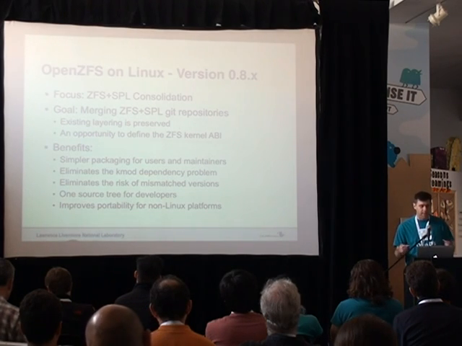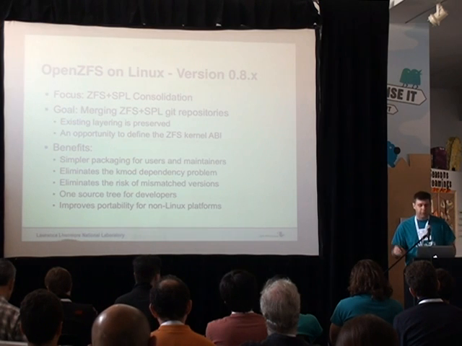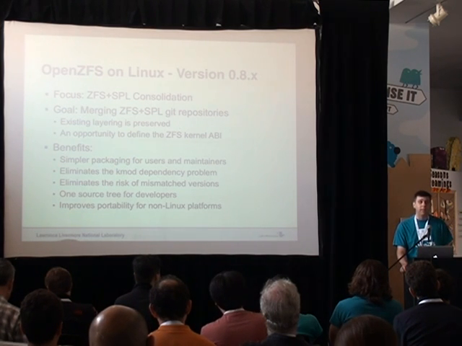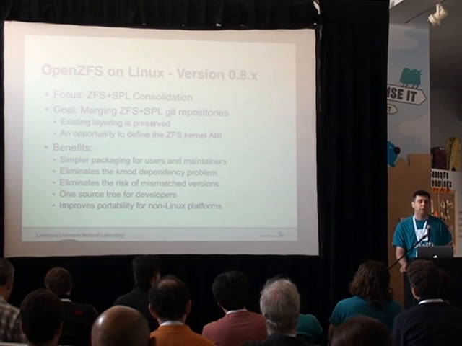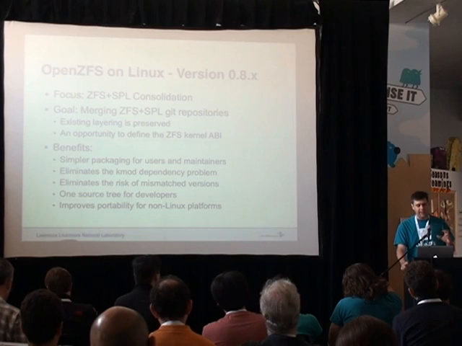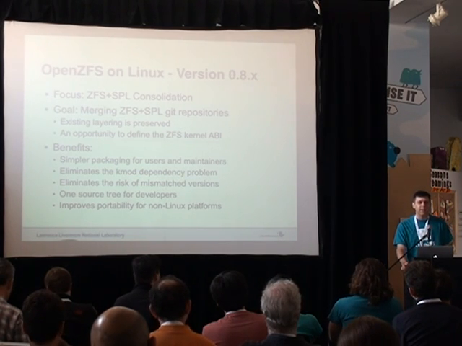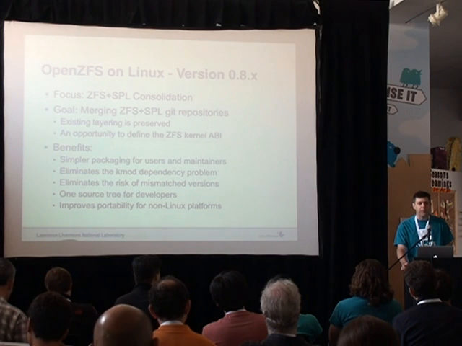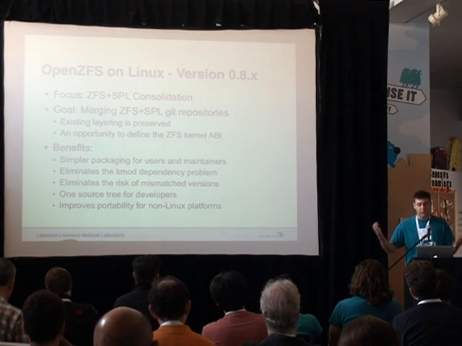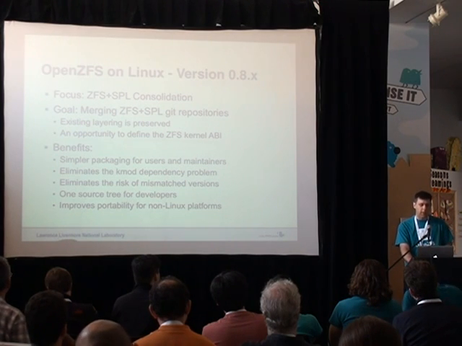Right now, because they're split into two separate modules, two separate source trees, you have to build the SPL module and install it on the system, which works fine if you build it against the kernel. But then you need to build ZFS against it. And it turns out that the Linux build system was never really designed to build against other out-of-tree kernel modules. So now you're building against another out-of-tree kernel module and a Linux kernel. You have to play some tricks to make that work.